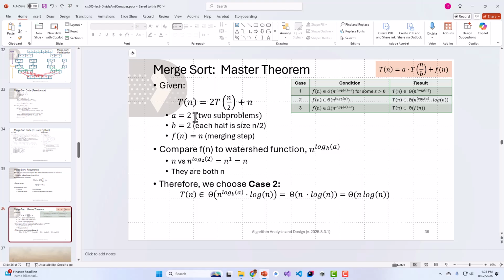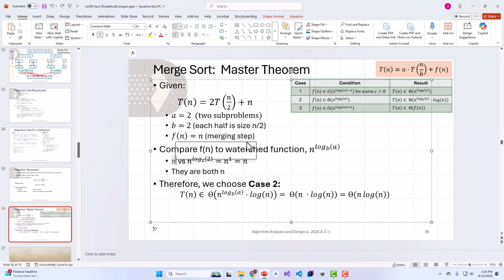So here's our Master Theorem. Because it is in this form, we've got an a times the shrinking value here plus some amount of work that's not recursive, we can use the Master Theorem. A equals 2, b equals 2, f of n equals this amount right here, this just kind of straggling by itself. So that's an n. And then we compare the f of n to the watershed function, n to the power log base b of a.